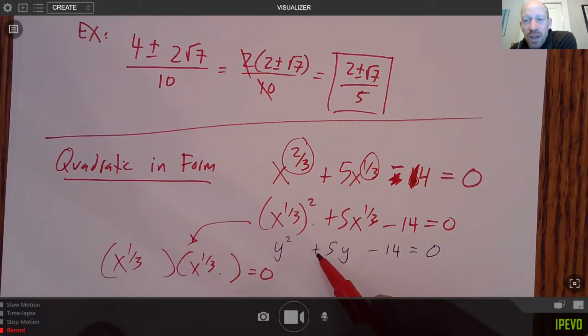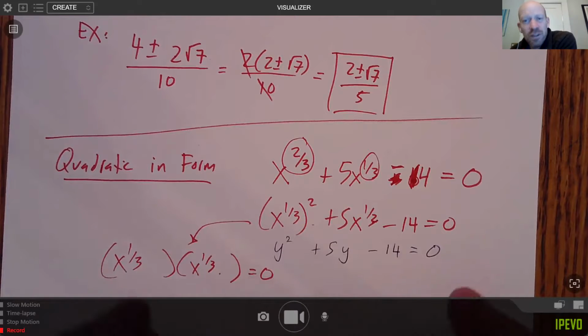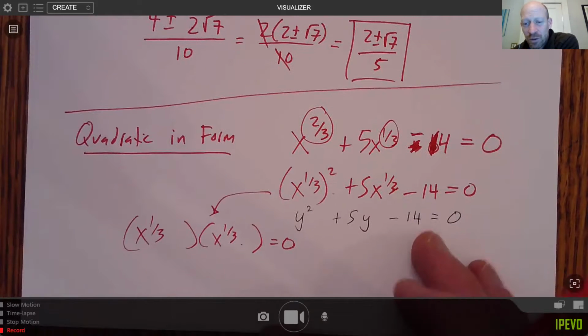And it turns out when you do these quadratic in form problems, they are going to factor for you. You could use the quadratic formula and get those values too, but it becomes complicated because then we have to do some more with those solutions. So these are always going to be set up so that you can factor them. So you can work a little harder to factor these because you know that's going to work.